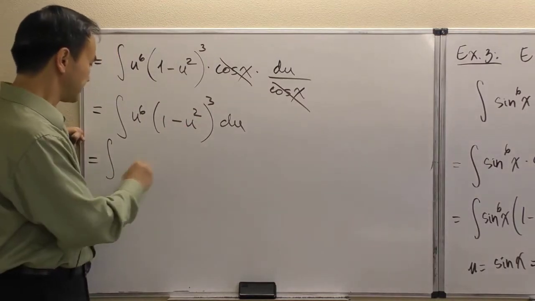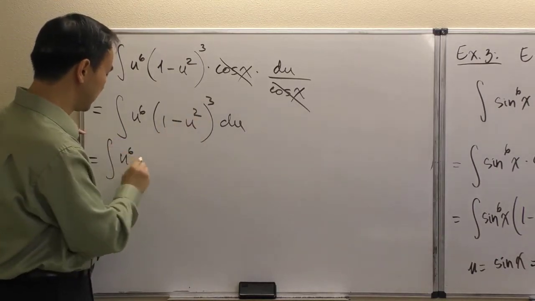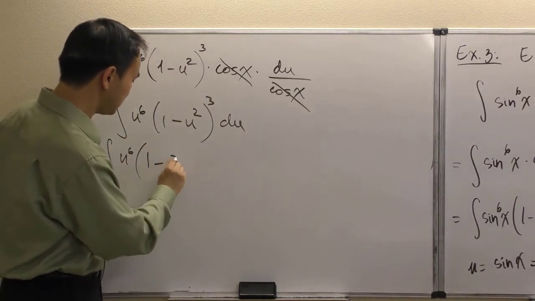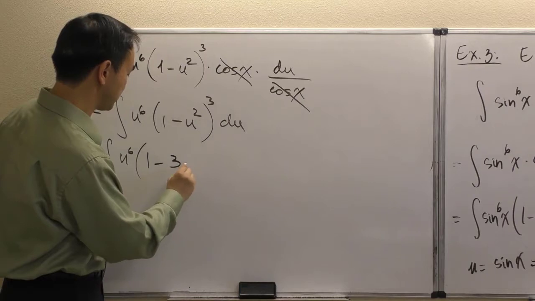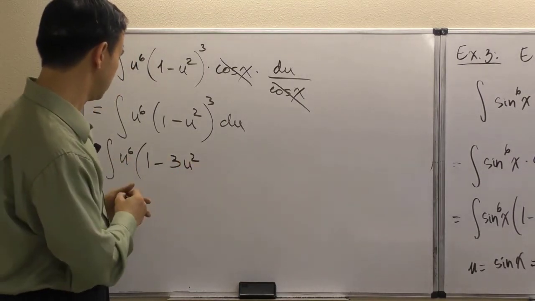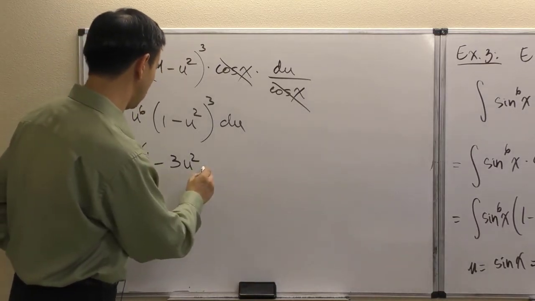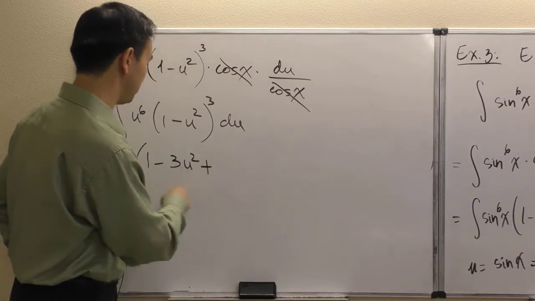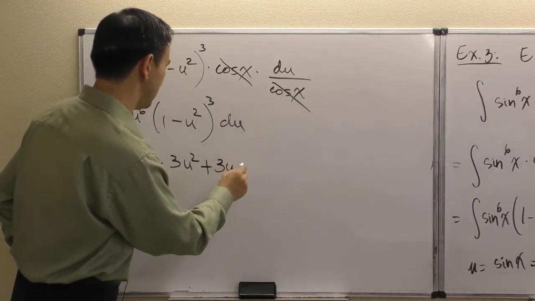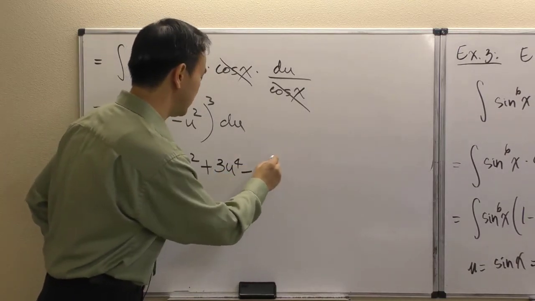So all of that here is the same as, I'm still leaving that u squared, but it's 1 minus 3u squared plus 3u to the 4th power and minus u to the 6th power.